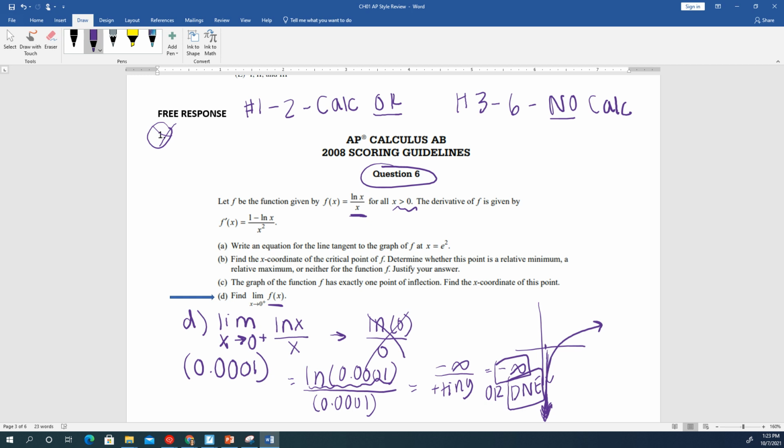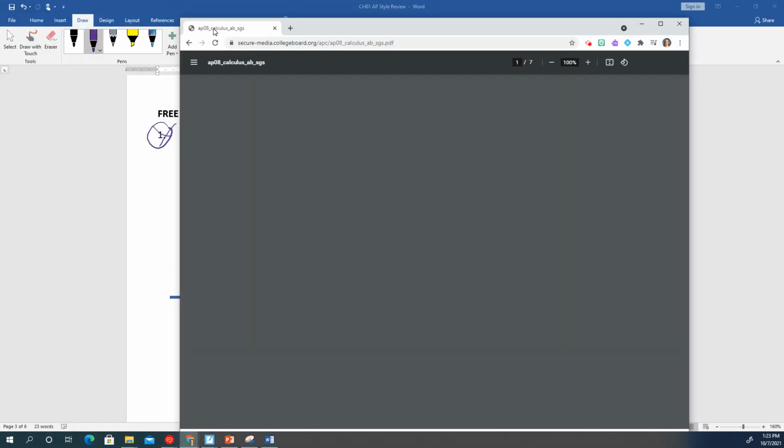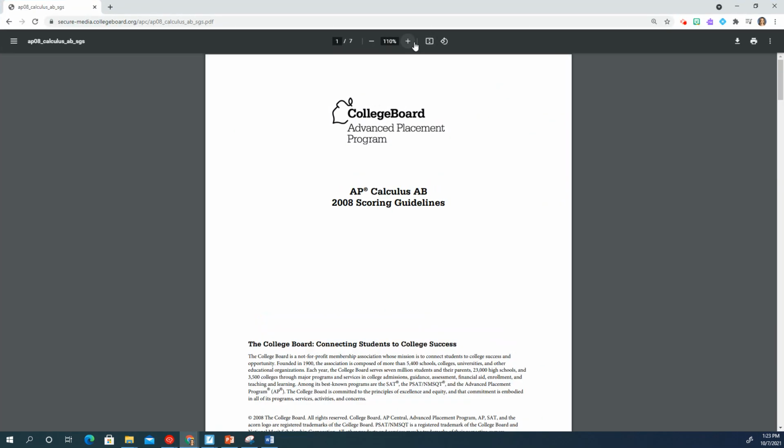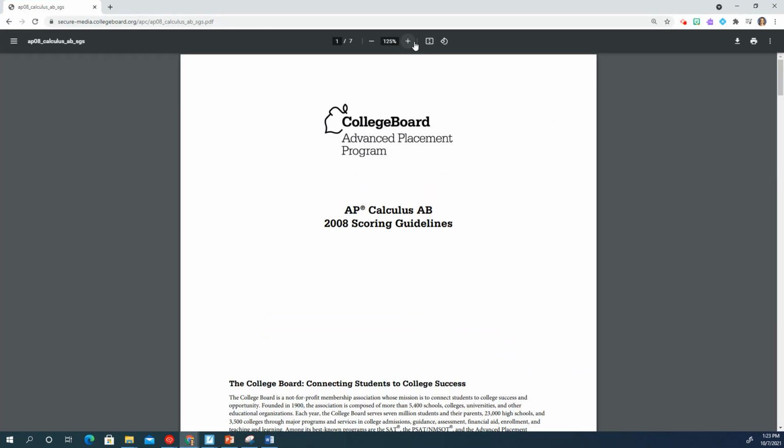I'm going to quickly pull up the scoring guidelines to show you before we move on to the next one. This one was from the 2008 exam.